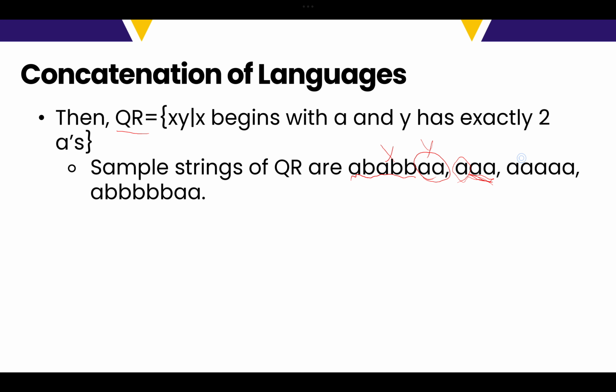Next, it begins with A, up to there is the X, then the Y has 2 A's. Okay, next, it begins with A, this is the X, then has exactly 2 A's. Okay, so that is for the concatenation of languages.